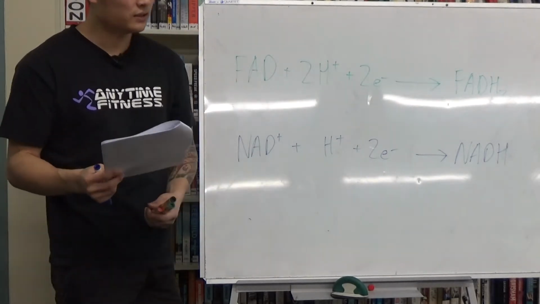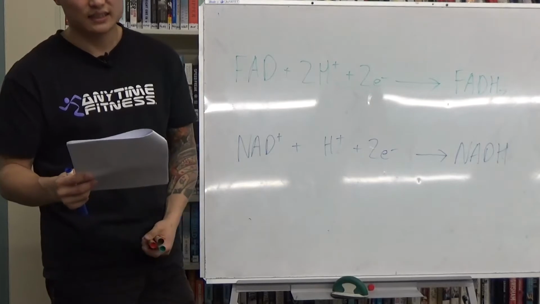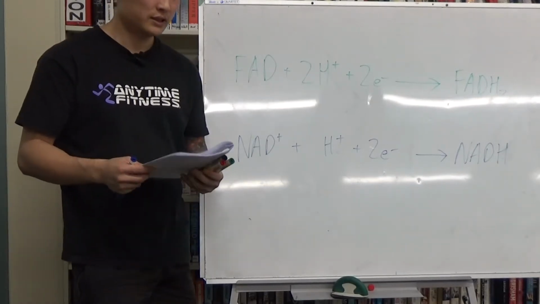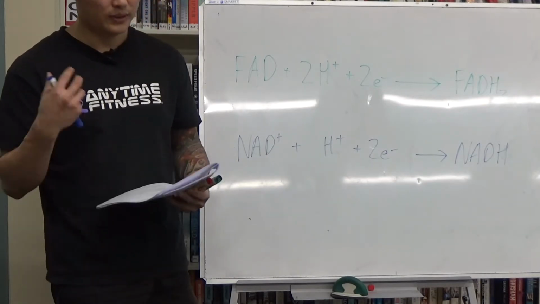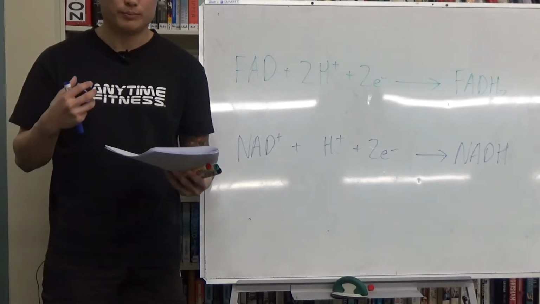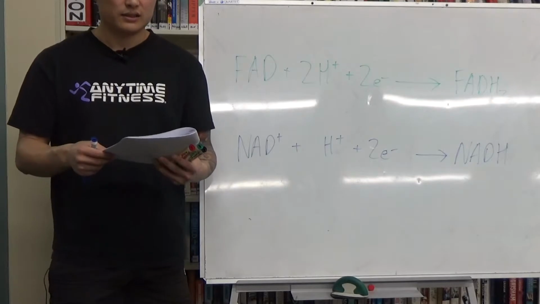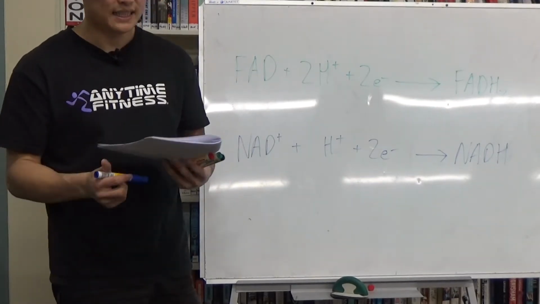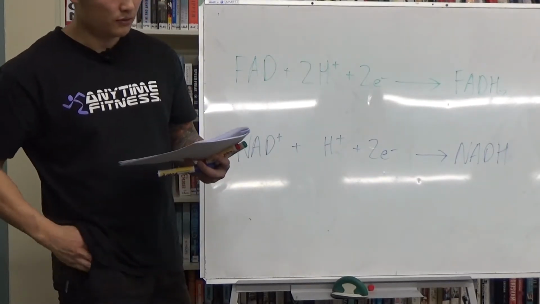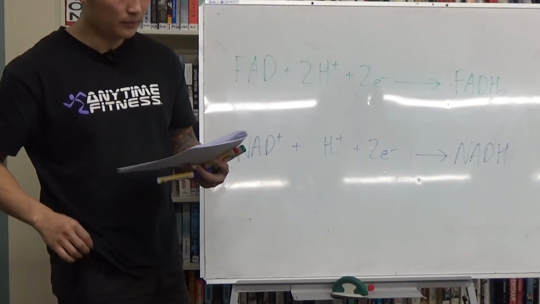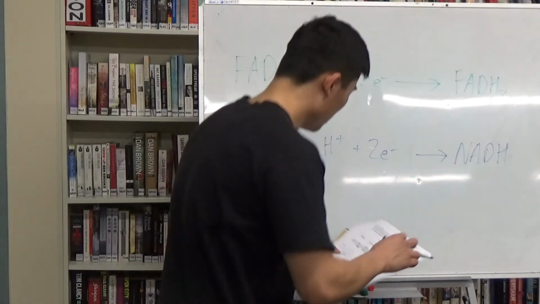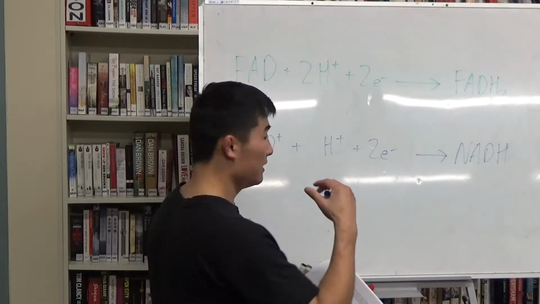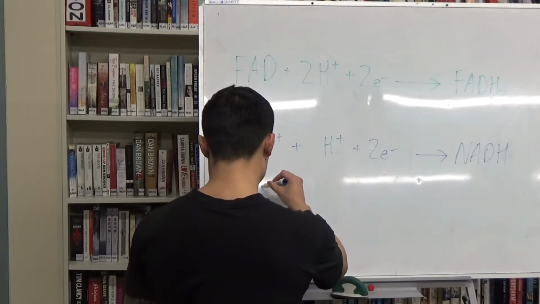B5 is pantothenic acid. It's written below in that diagram if you want to see how it's spelt. So it's either pantothenic acid or pantothenate. That's making up coenzyme A, which is carrying acyl groups. You can see that on the left-hand side, you've got that sulfur.